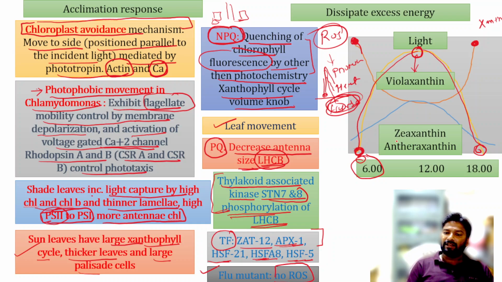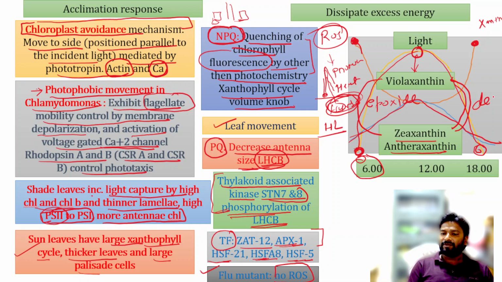Opposite to this, zeaxanthin and antheraxanthin are high under high light conditions and low under low light conditions. So under high light, violaxanthin changes into zeaxanthin and antheraxanthin, and under low light, zeaxanthin is converted back to violaxanthin. The epoxidase and de-epoxidase enzymes convert between violaxanthin and zeaxanthin.